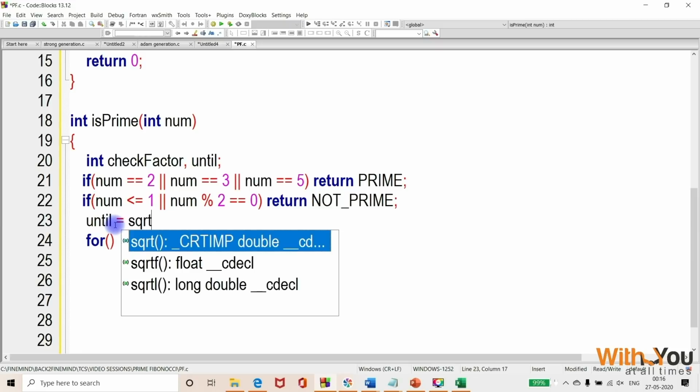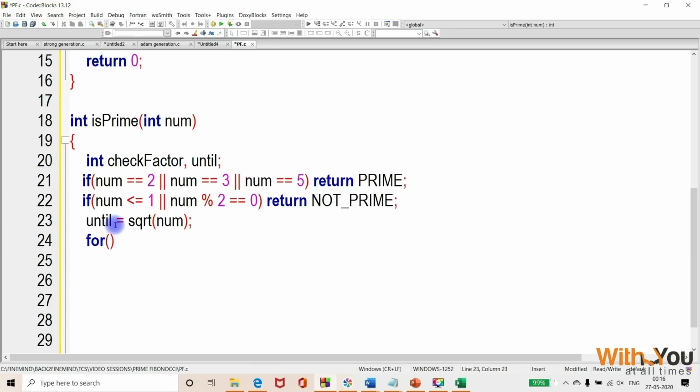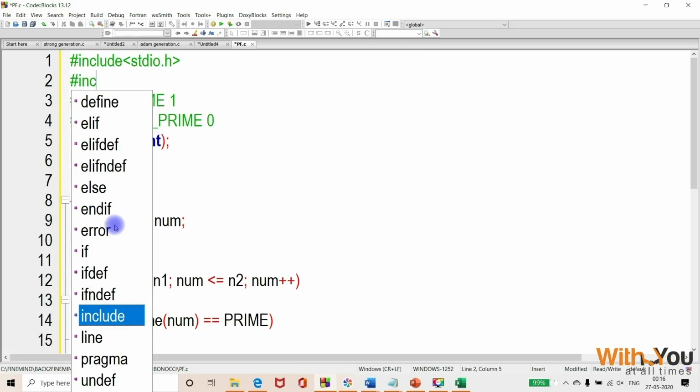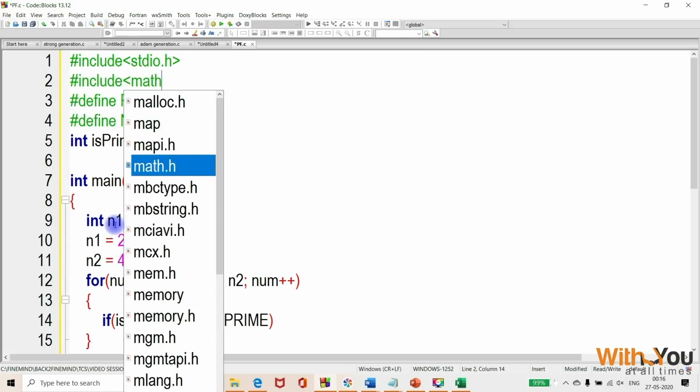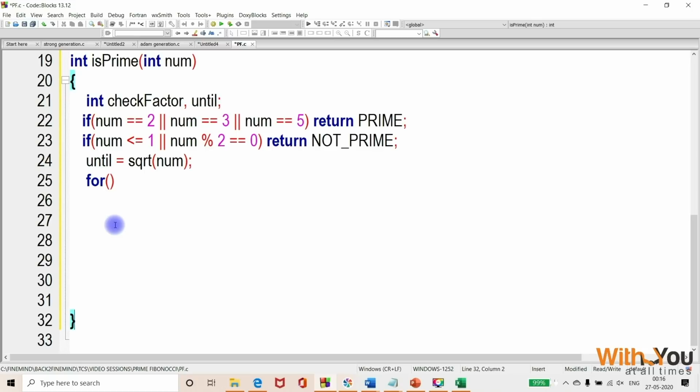Until is equal to the square root of the num you have given me. The moment you use square root, go up and just include math.h. Hash include math.h. Because sometimes I have forgotten this and that has given me a lot of trouble. It would work, but it would not work the way I wanted it to, right? So I'm not going to make this mistake once again.